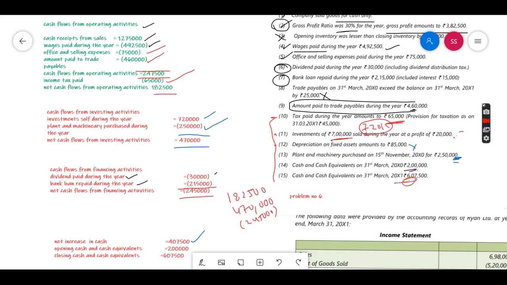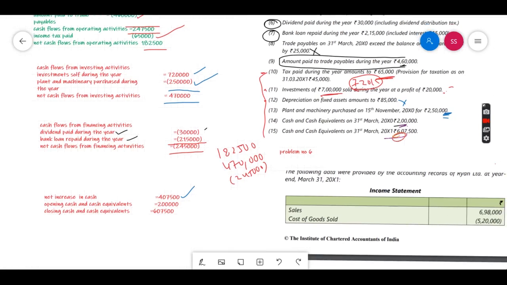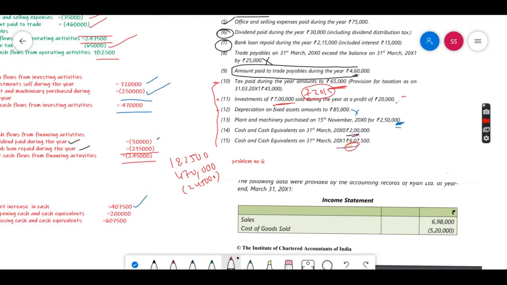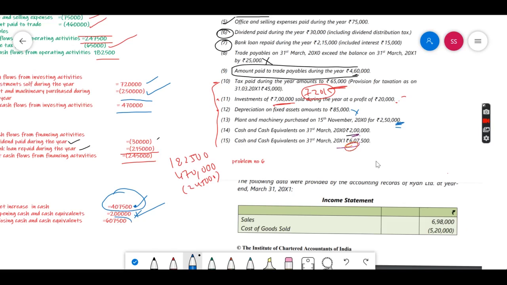If you are getting the correct closing figure, then whatever we did so far is correct. This is the figure we got from the question, and they gave the opening. When we add the net increase or decrease in cash plus opening, we got the closing, which is exactly given in the question. So that means so far whatever we did is correct. Okay.